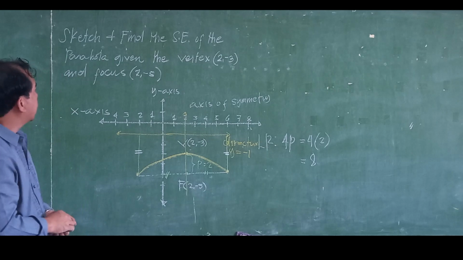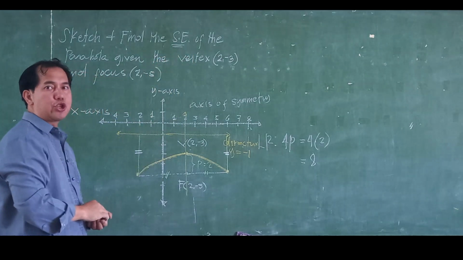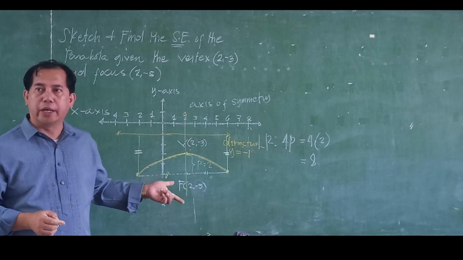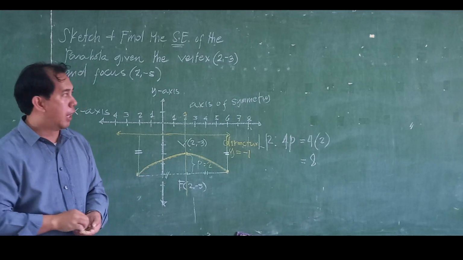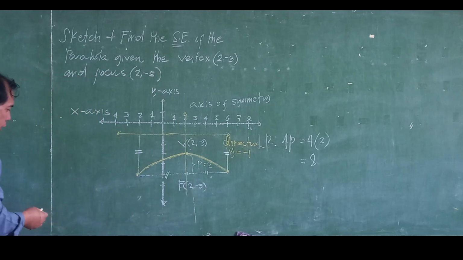The next thing that we're going to look into is the standard equation. You notice that our parabola is a vertical parabola, opens downward. Now, notice that we have the guide. What is our guide?